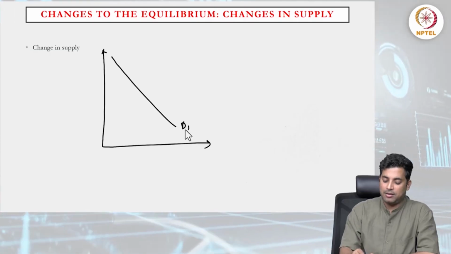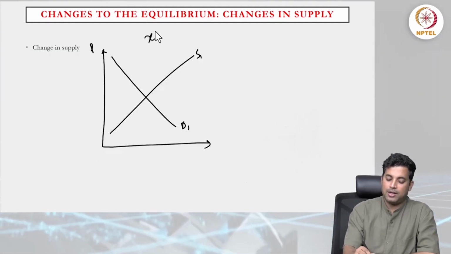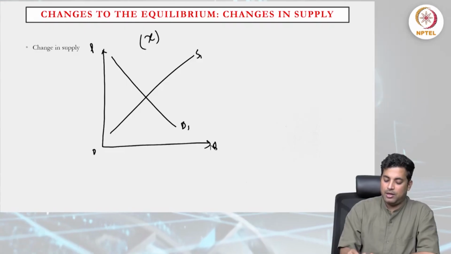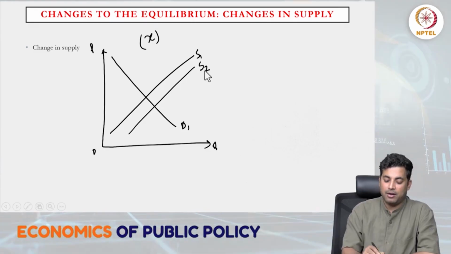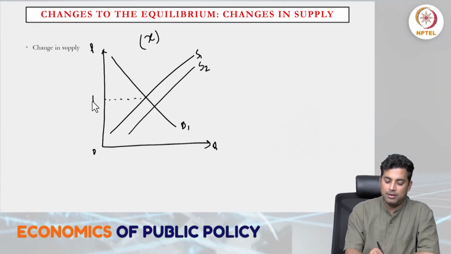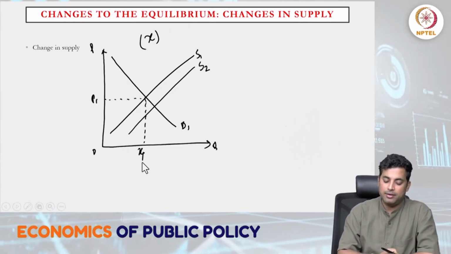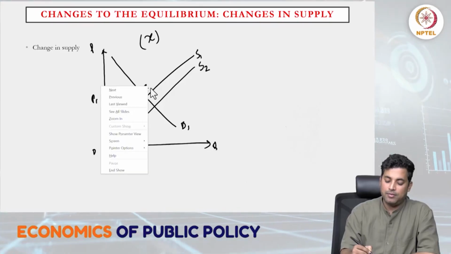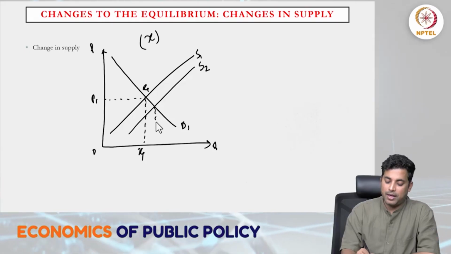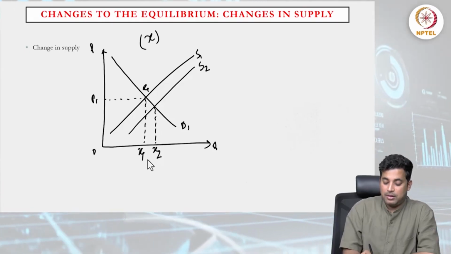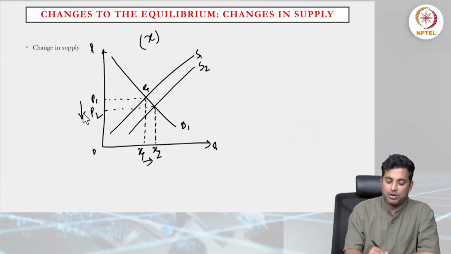What happens in the equilibrium when the supply curve changes? Say this is the demand curve and here is supply 1, again for commodity X, with price P and quantity Q. Initially we have price P1 and quantity X1. Now suppose there is more supply of that commodity in the market. The excess supply will create downward pressure on the price.